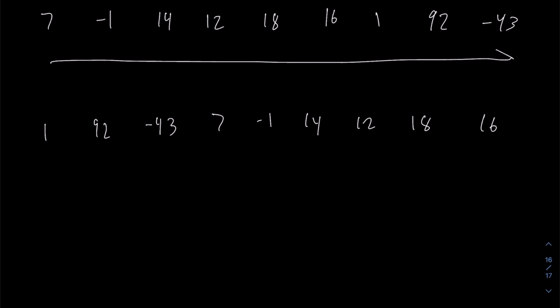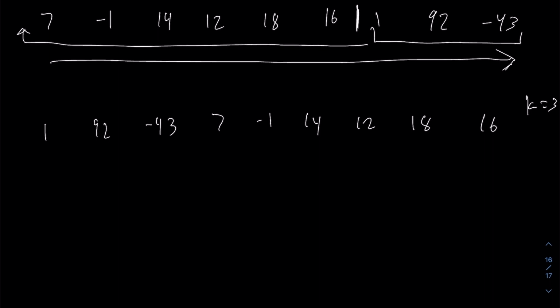When we see that k is equal to 3, we can instantly make a little cut right here, because we know we want to bring this segment over to the front. We want to bring it in front of that segment.